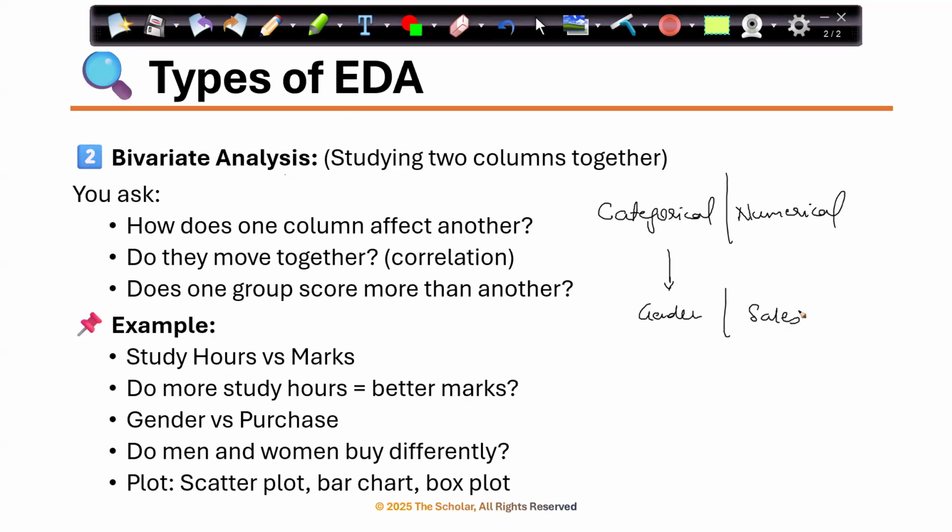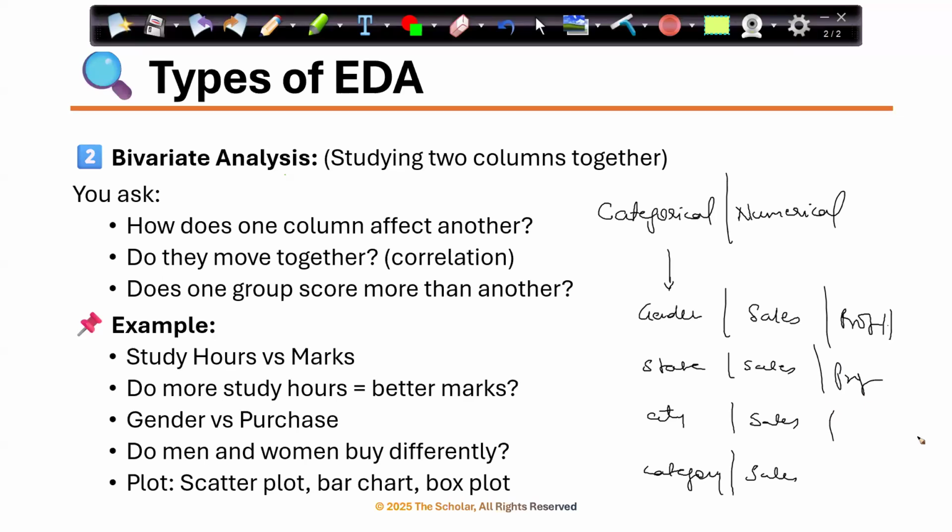So I want to find out what is the sales by gender. What is the sales by state, right? What is the sales by city? What is the sales by category? What is the profit by gender, right? What is the profit by state, and so on and so forth.